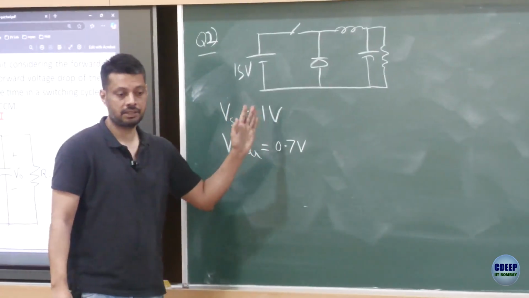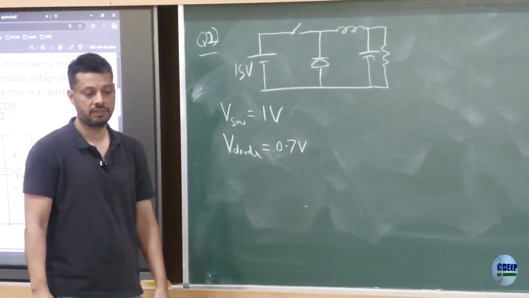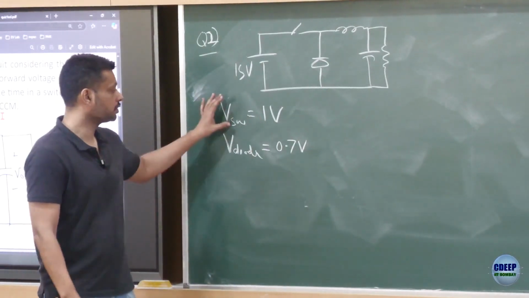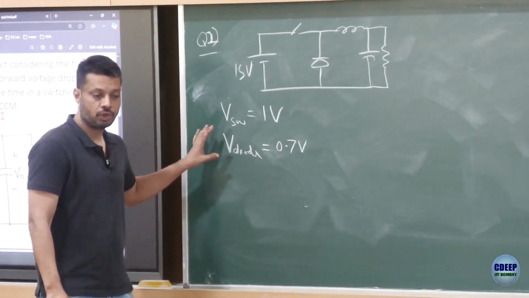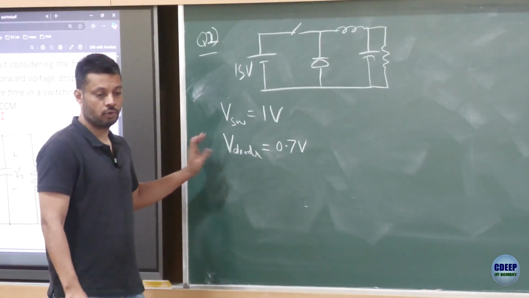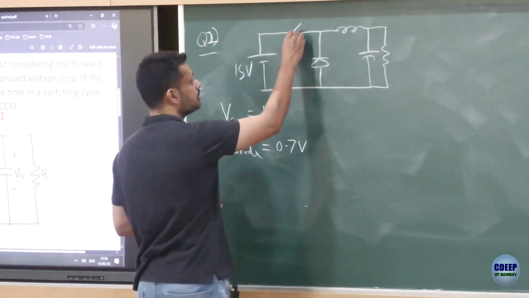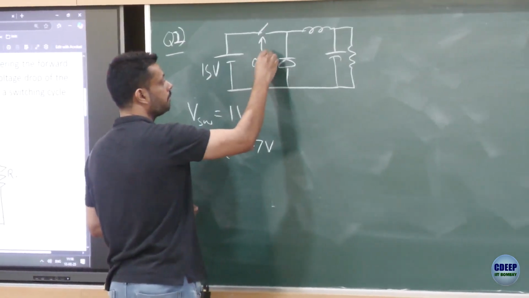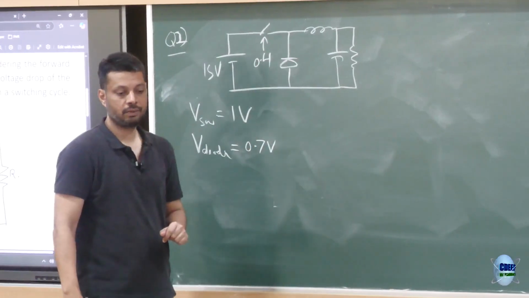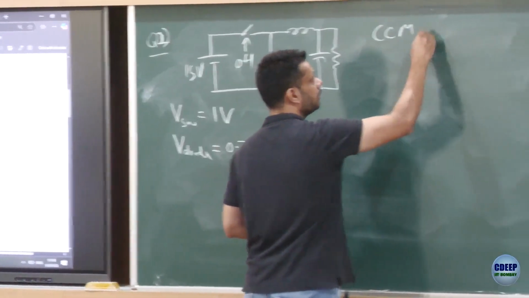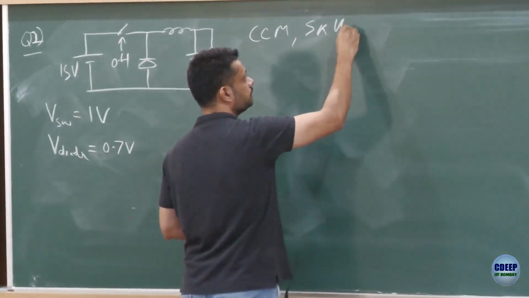So another buck converter, the question is find the output voltage of the following circuit considering the forward voltage drop of MOSFET is 1 volt and the forward voltage drop of diode is 0.7 volt. The switch is on for 40% of the time, so that means duty cycle is 0.4. The switching frequency is 5 kilohertz and it is assumed to be in CCM. So CCM and 5 kilohertz.